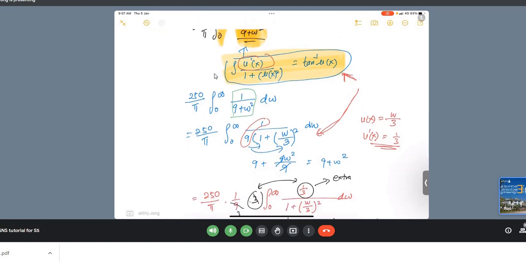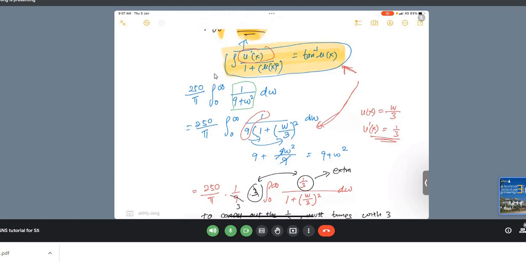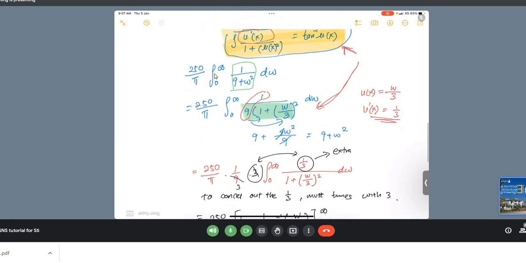So from 1 over 9 plus omega squared, you need to change to this formula format. The denominator in the formula is 1 plus something, so I try to change to 1 plus something also. So I factor out the 9, and I got 9 in the bracket, 1 plus omega over 3 square, which is the same value.